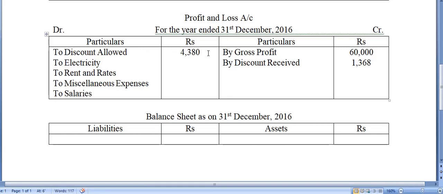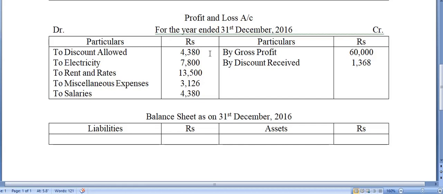Electricity is given 7,800. Rent and rates 13,500. Miscellaneous expenses 3,126. And the salaries 4,380. So now we can tick mark these items: electricity, rent and rates, miscellaneous expenses, salaries.